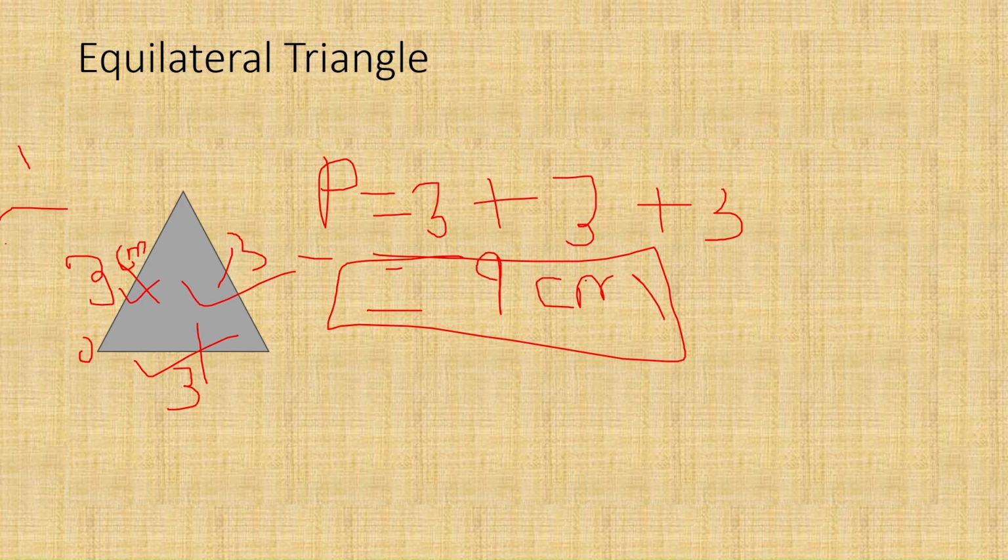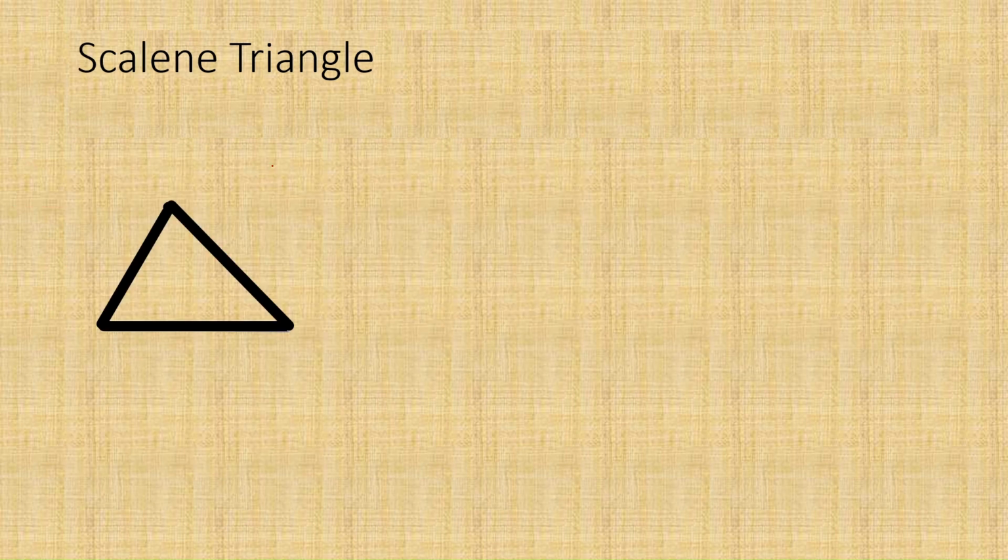Now we will move on to the second triangle, which is a triangle with all three sides being different. So let this side be 3 centimeters, this be 5, and this be 2. For the perimeter, as I said the first time and will say for every shape, always draw a big circle at one point and then go from there.